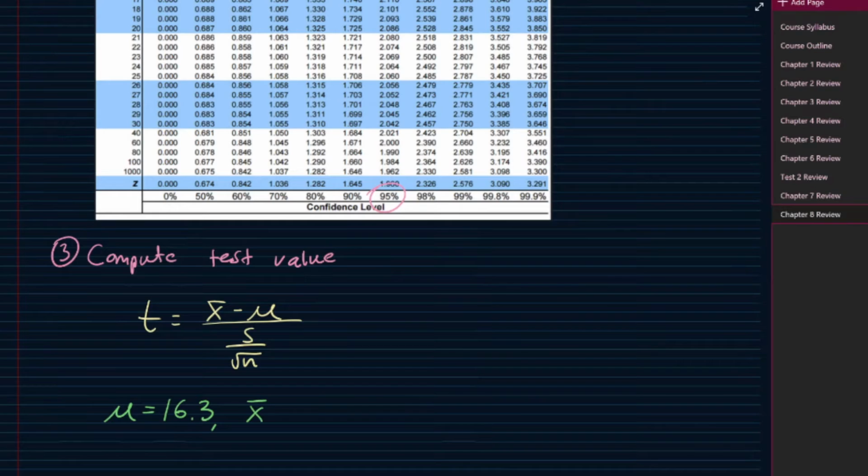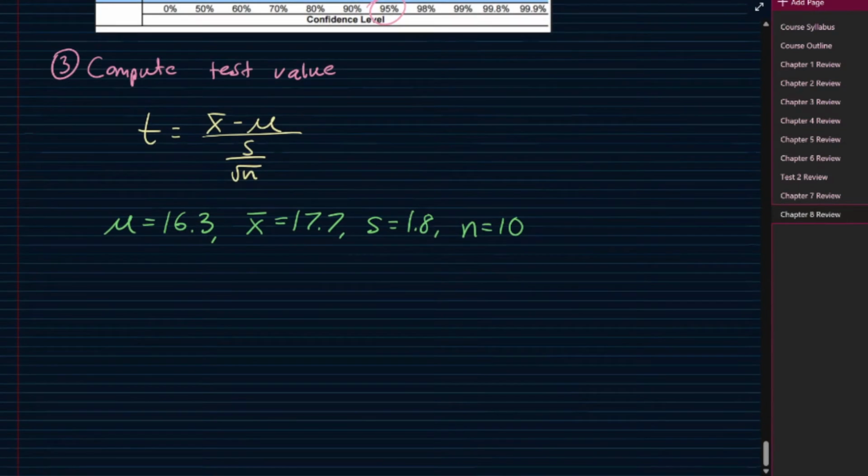The average of the sample is 17.7. The standard deviation of the sample is 1.8, and the number of weeks in the study was 10. That's our n. This gives us the following t.